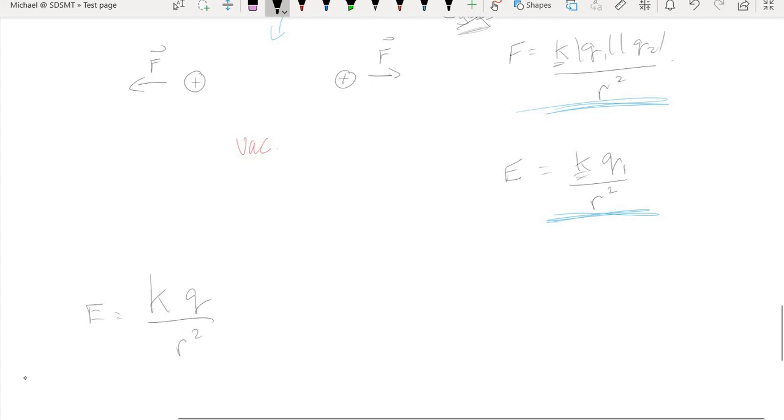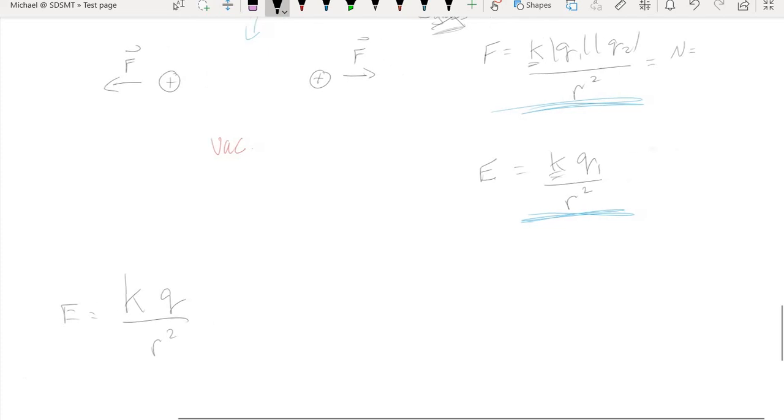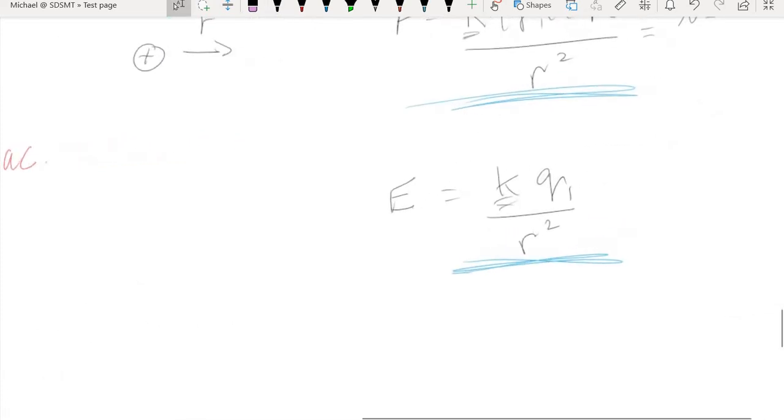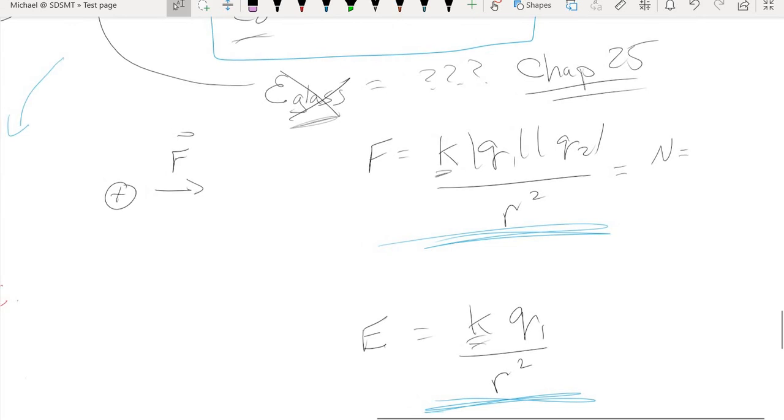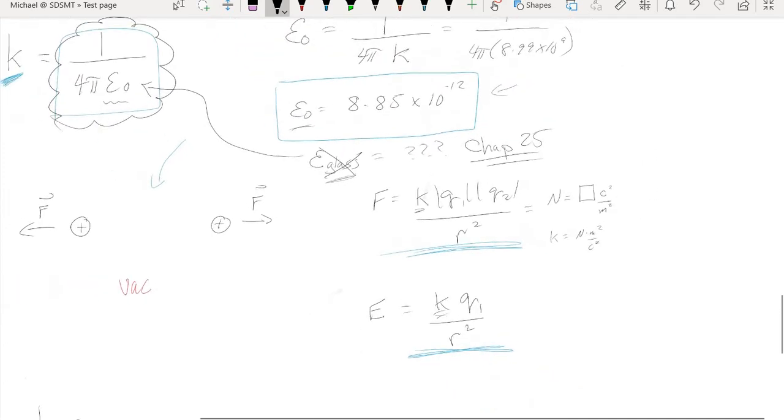Our force up here, force was in newtons, if you remember. And so K, we had Coulomb squared for the two charges, we had meters squared for the r squared value, and so K had units of Newton meters squared per Coulomb squared.